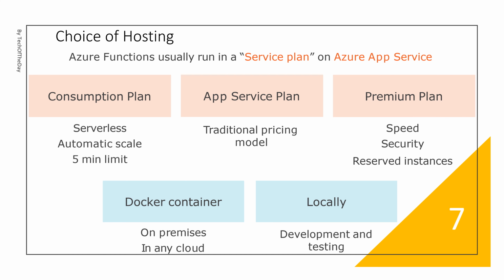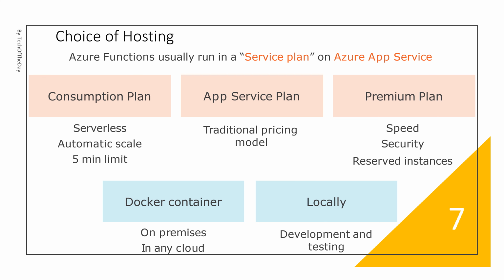There is also an app service plan which doesn't have this time limit and uses a more traditional pricing model where you pay monthly for the compute resources you are reserving, and there is also a premium plan which offers faster performance, enhanced security options, and reserved instances which are always ready to run your functions, but does also offer serverless automatic scaling capabilities.